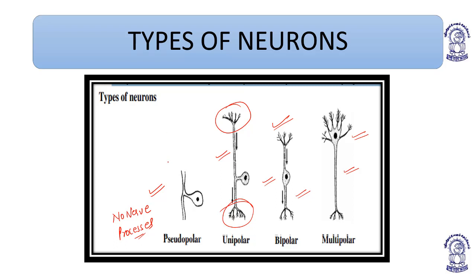So in case of a unipolar neuron, the axon is there while the dendron is absent. They are found in early embryos.